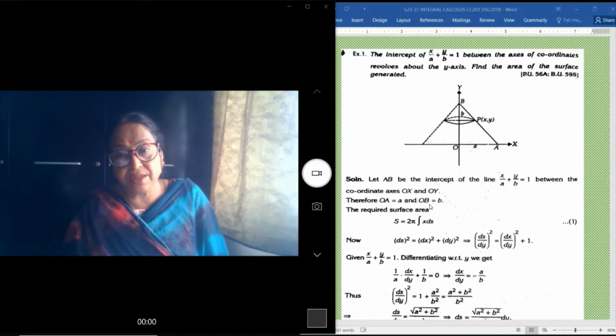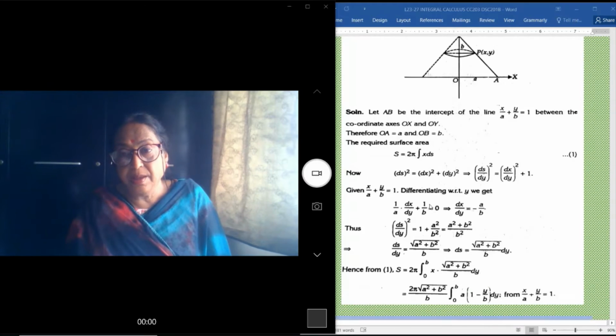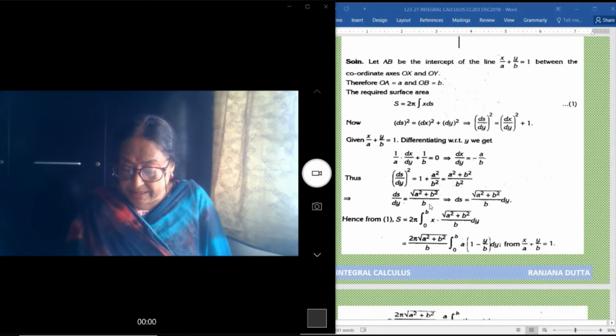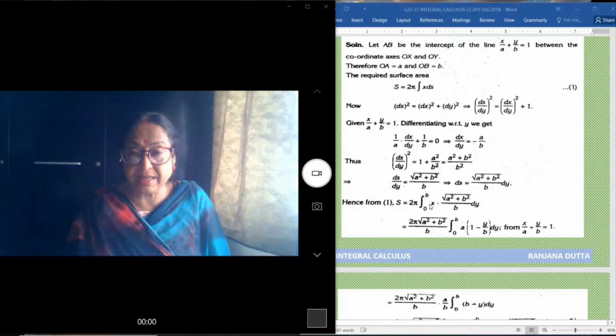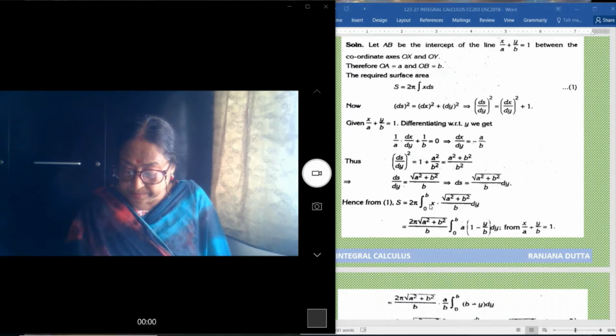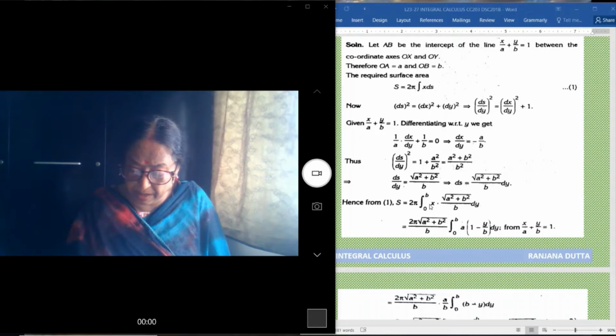Now we want only the surface area. Put the formula, s is equal to 2 pi x ds, where ds is root of a square plus b square by b into dy.